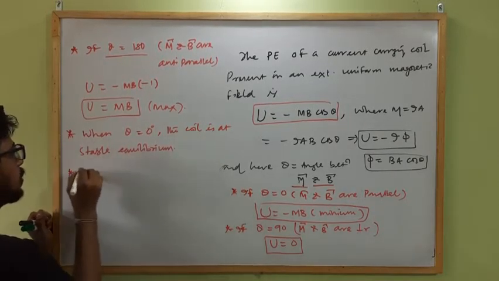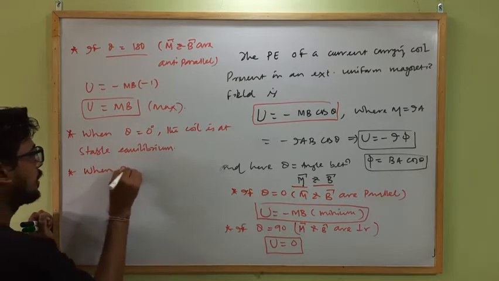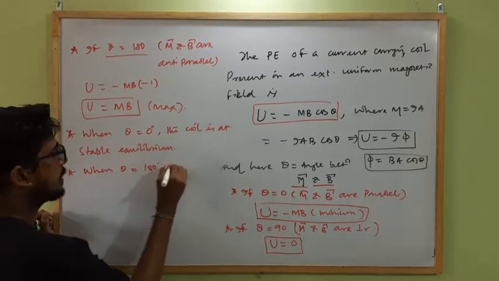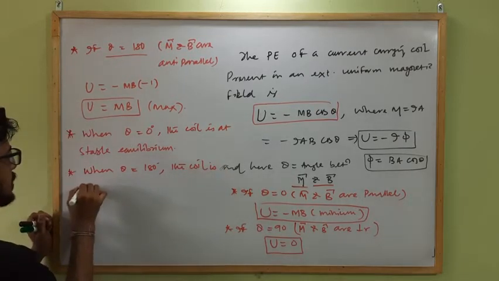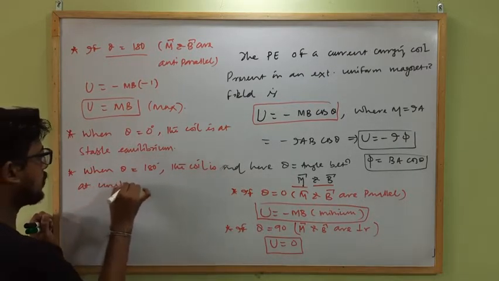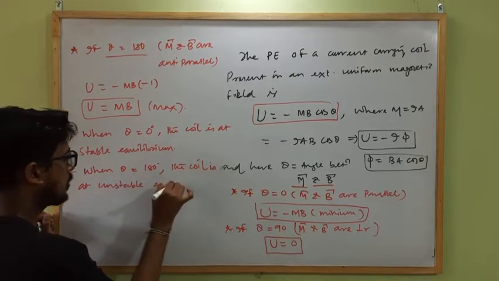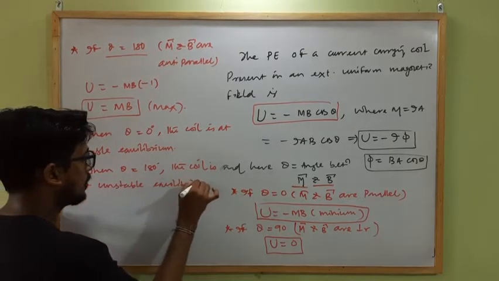in unstable equilibrium. So when theta is 180, the coil is at unstable equilibrium.